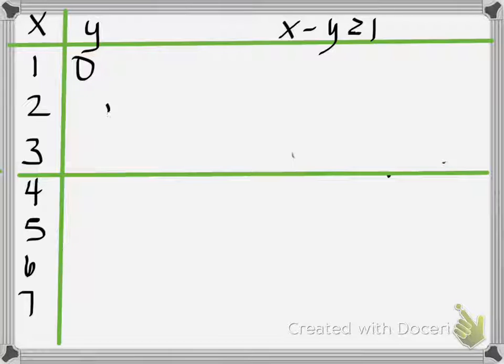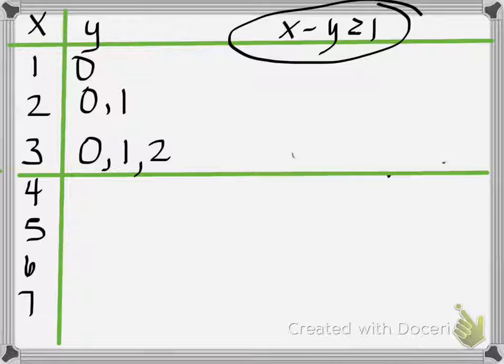And what numbers can I subtract from x that will give me a difference of 1 or more? 0, 1, 2. So these are the ones that fit this rule.